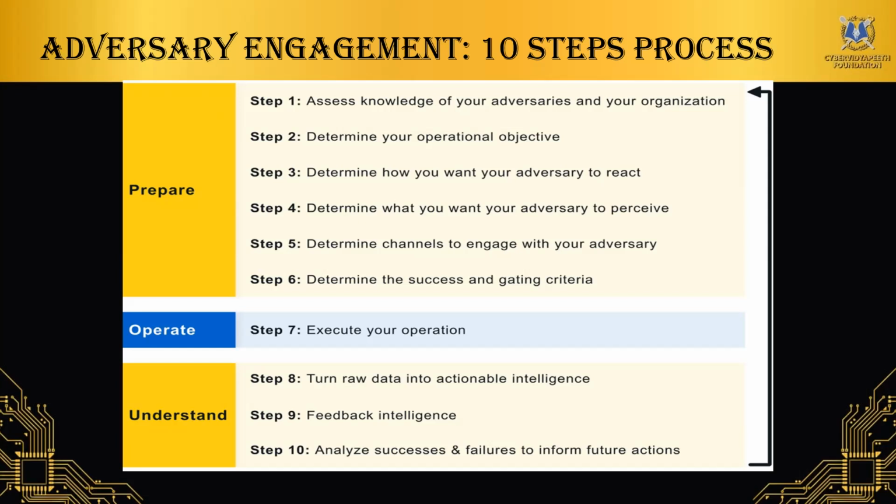When you are defining the operational objectives and creating your network environment, application environment or OS environment as a part of your environment management, in your storyboarding you have to define how you want the adversary to react. If you want it to send a beacon to your network and go to the next machine, you will have to plan it very meticulously. Then determine what you want the adversary to perceive, what the adversary should feel about you, because that is the most important thing for creating a perceptual bias.